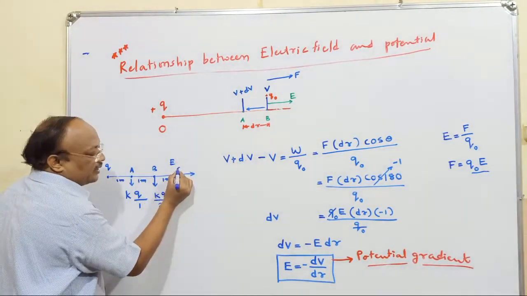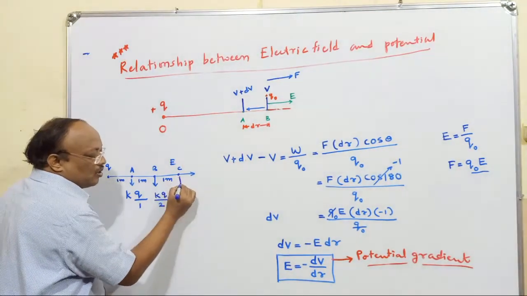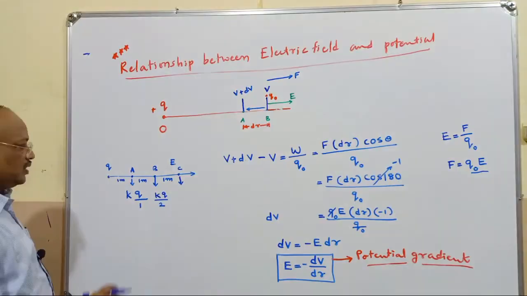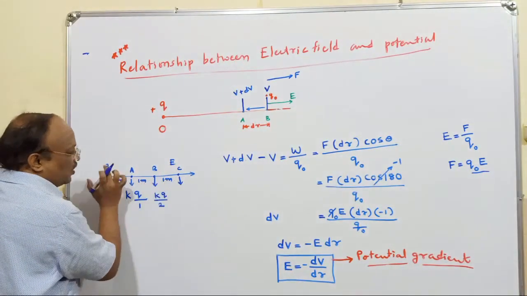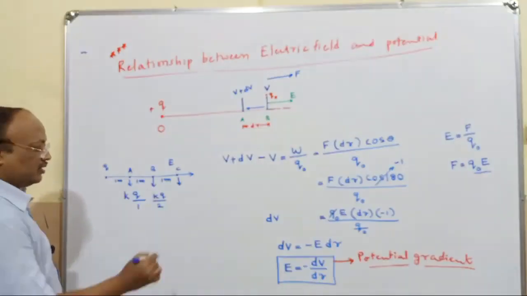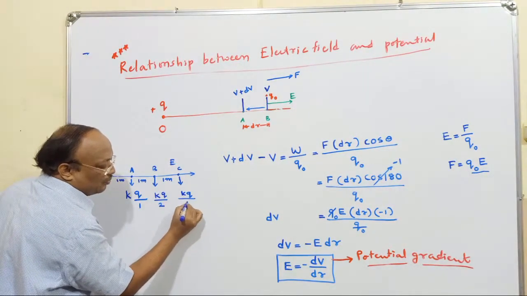At point C, what is the potential at this point? The total distance is 1 meter, 1 meter, 1 meter. From Q, this point C is at a distance of 3 meters. So it is KQ by 3.